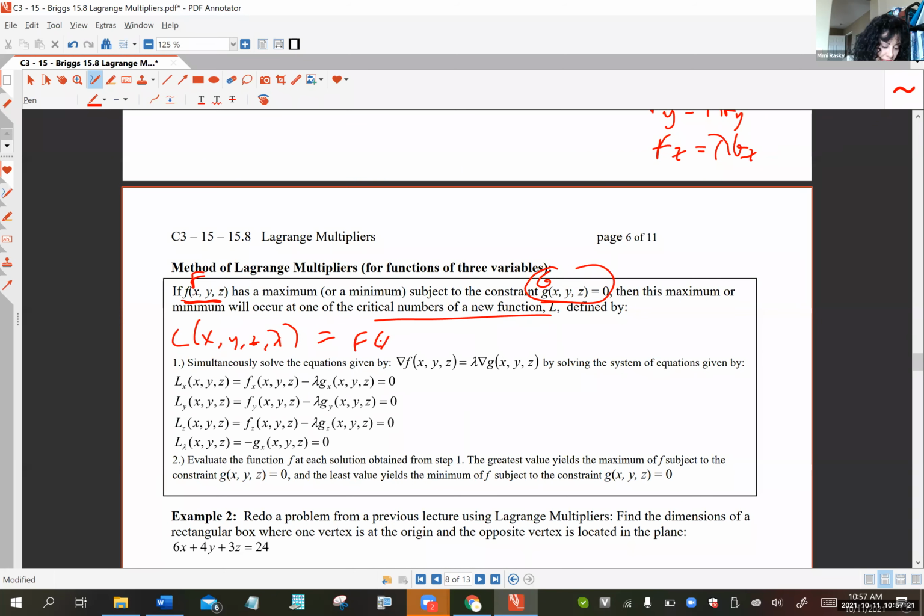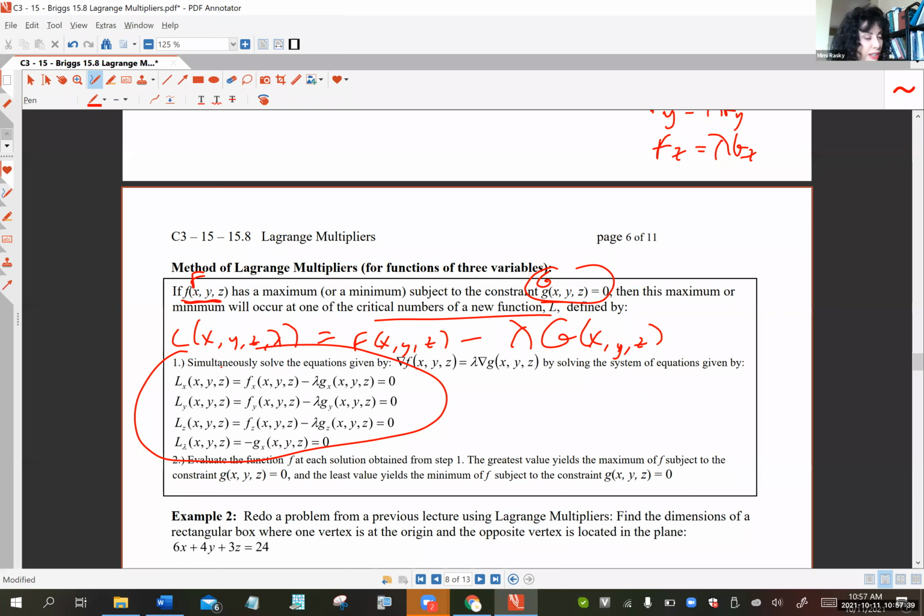And when you form it, it's simply going to be your big F minus lambda times your big G. And then just go find the partials of big L and set them all equal to 0. And you'll solve the system. And then you'll get a critical point or critical points.